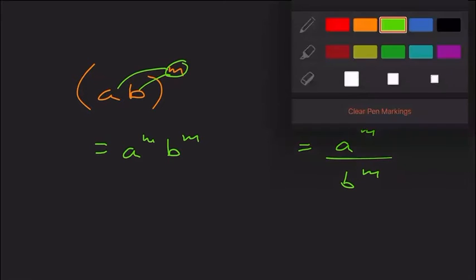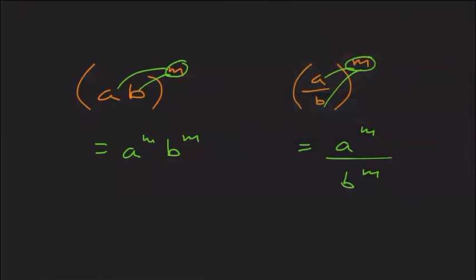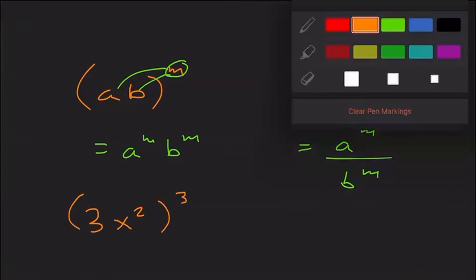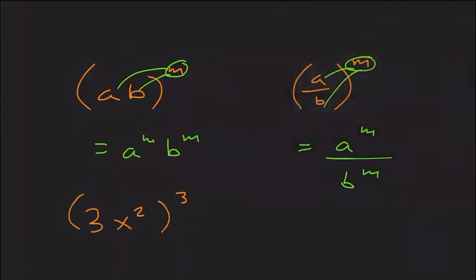So an example of something like this would be like if we had 3x squared raised to the third power. So we have two things being multiplied on the inside of the parentheses.